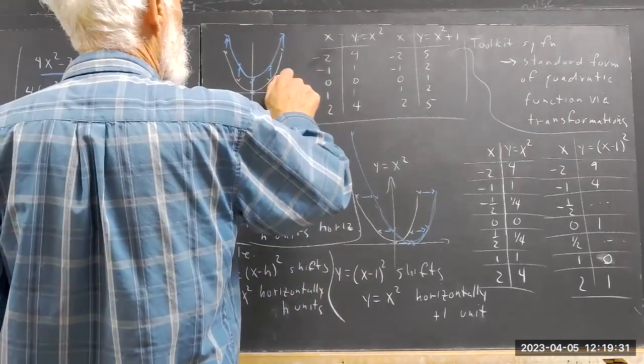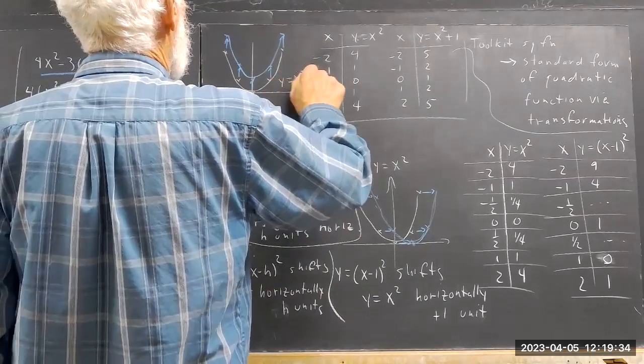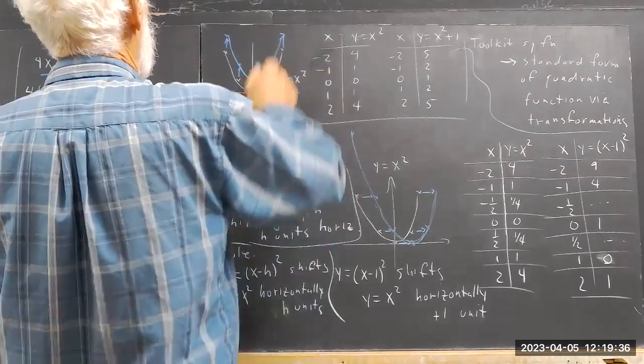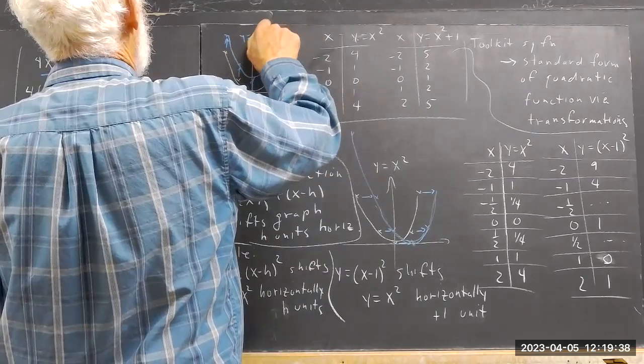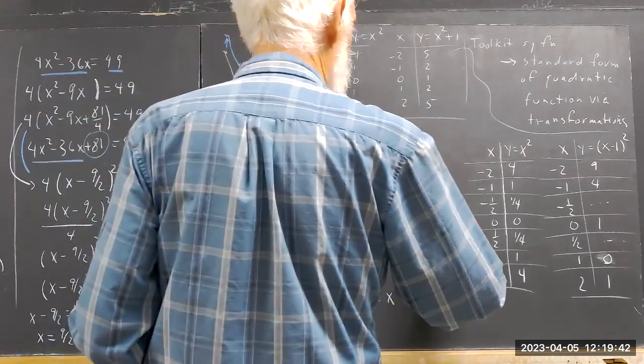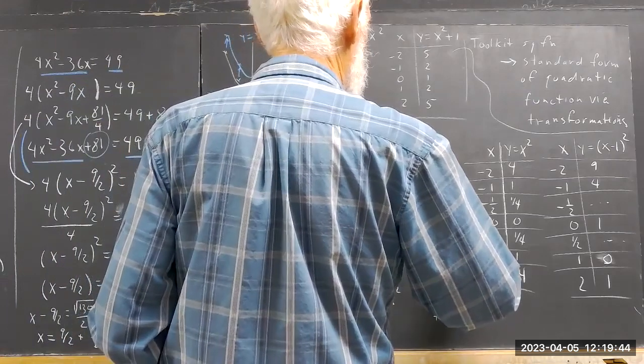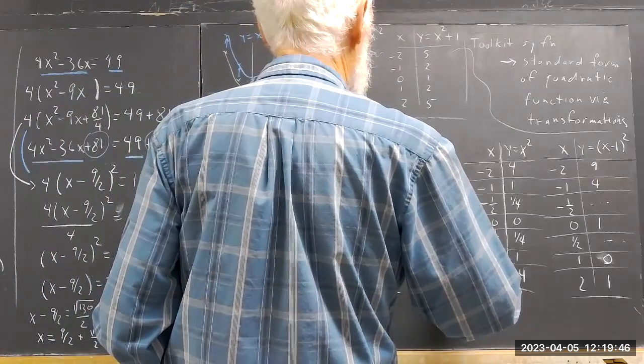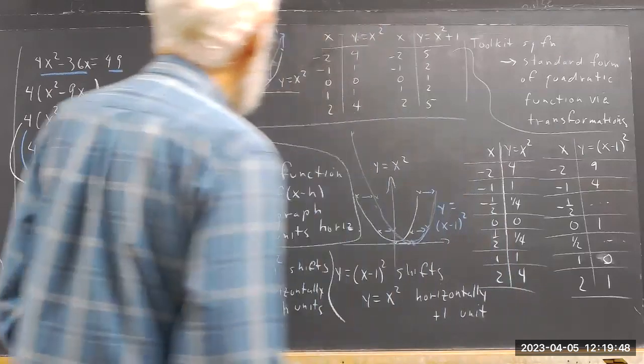So here's y equals x squared. Here's y equals x squared plus 1. And I didn't label this. This is y equals x minus 1 squared.